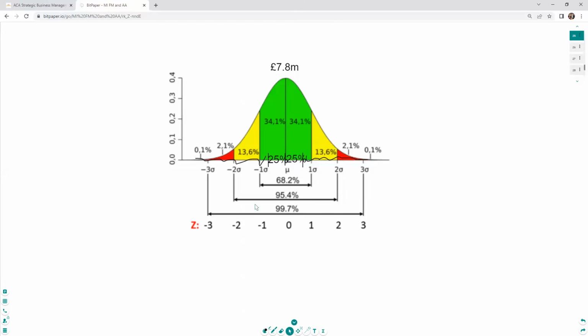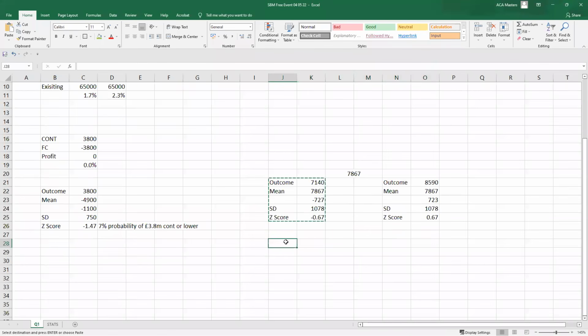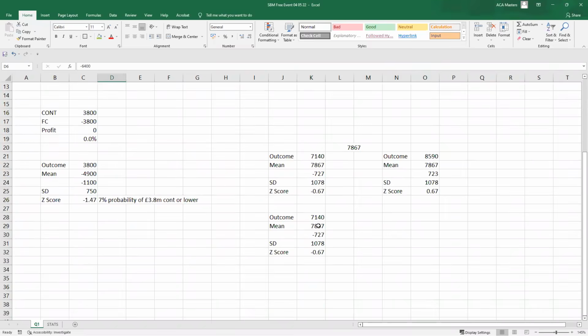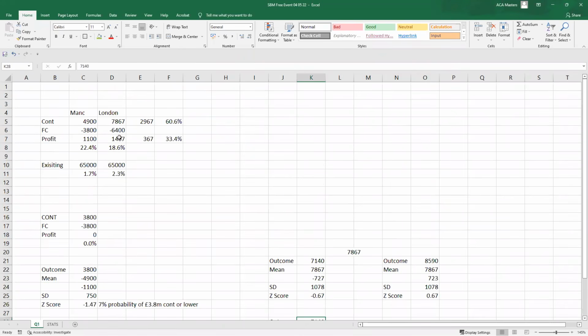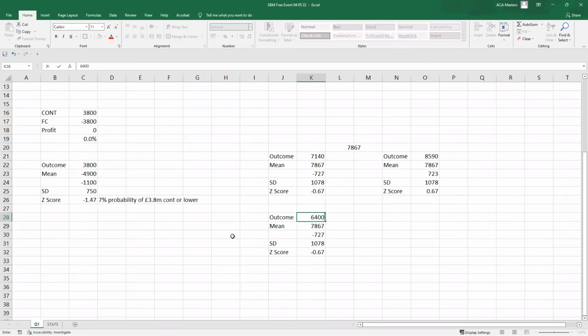So because it follows normal distribution, we know we can just use our Z-score to calculate a particular outcome. And this time we're looking at London making a loss, and the contribution would have to equal the fixed costs. So the 6.4 million, we've got this as the mean.